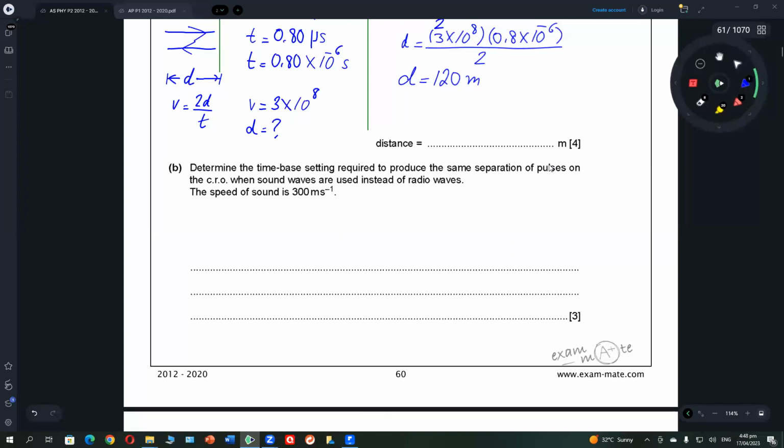Determine the time-base setting required to produce the same separation of pulses on the CRO when sound waves are used instead of radio waves. The speed of sound is 300. So he wants to make the same separation. Speed has changed.